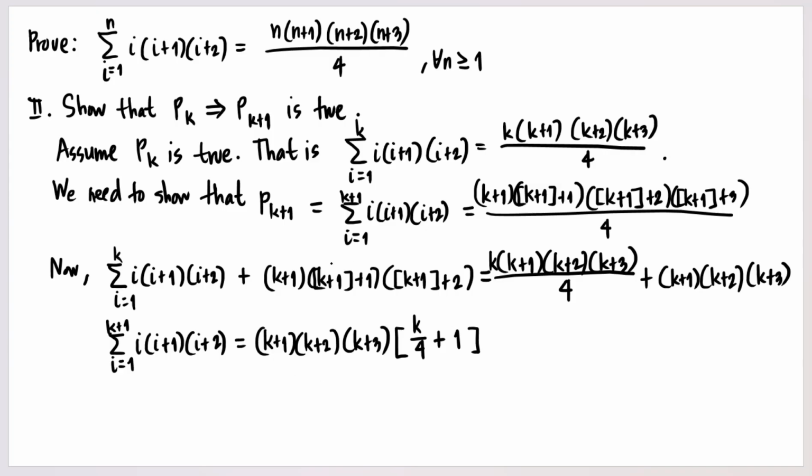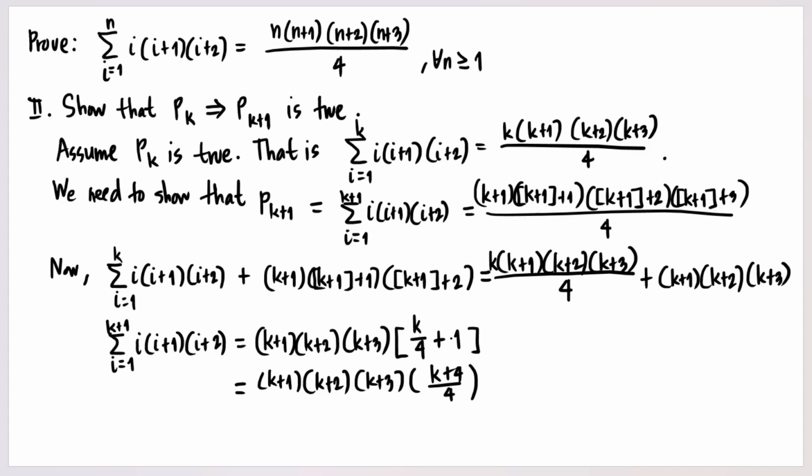So now how do we simplify this? We could make 1 into 4 over 4 so that they'd have the same denominator. We could have k plus 4. See, we have this k plus 4. We write that down, k plus 1 times k plus 2 times k plus 3, and here it was k plus 4 over 4.